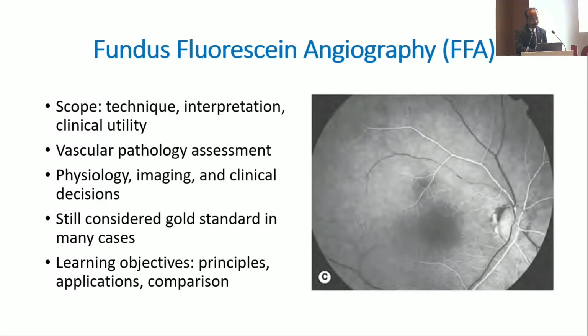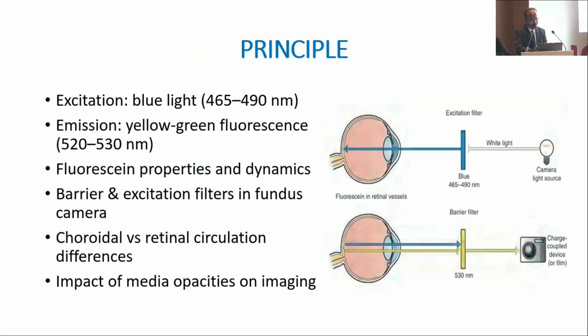Now we'll be seeing the physiology and also some imaging and some of the clinical decisions that we can take using FFA. So coming to the principle, it is based on the principle called fluorescence.